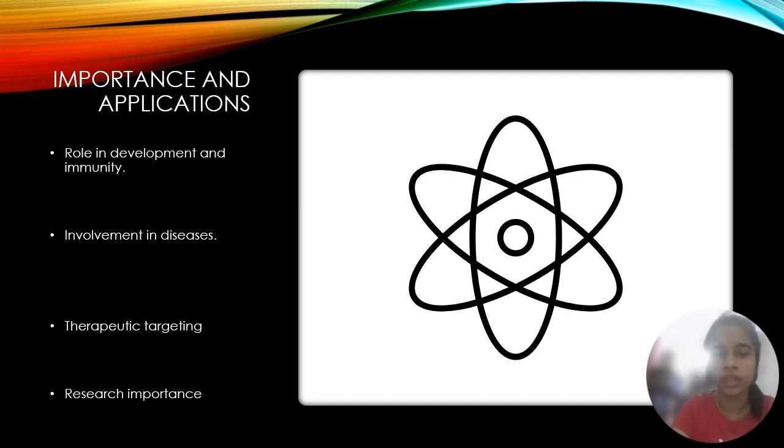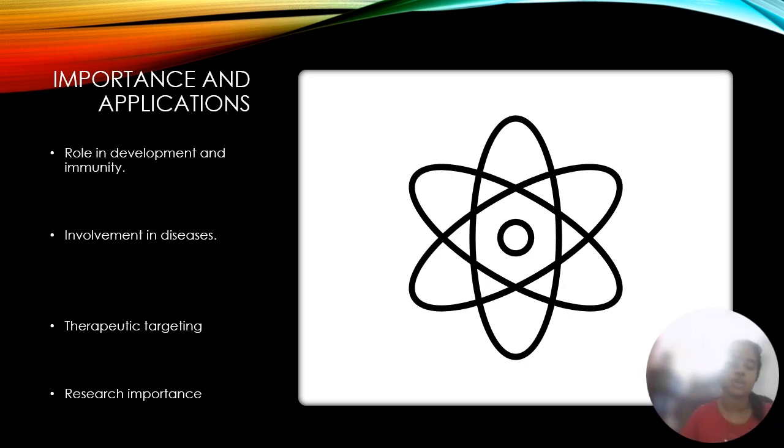You can also have diseases relating to autoimmunity problems. Then we have therapeutic targeting. We need therapies that can reduce apoptosis in the case of Alzheimer's, and therapies for inducing apoptosis in the case of cancer.